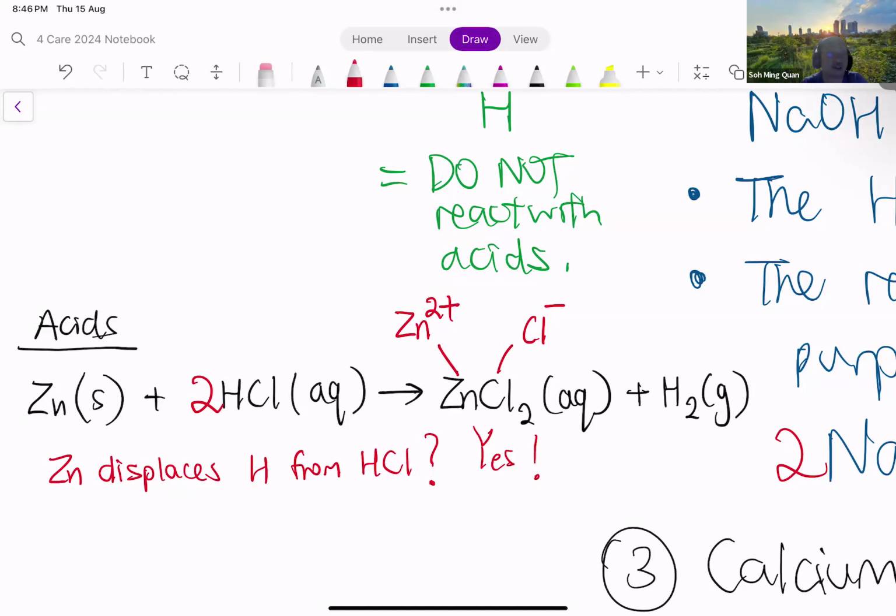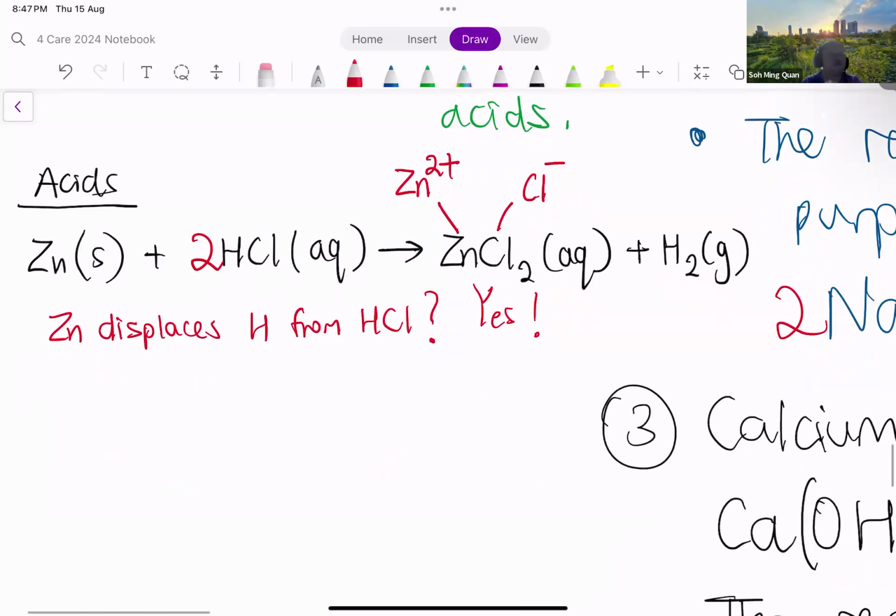Below means less reactive. That's why copper cannot displace hydrogen from HCl. And that's why copper is unreactive with acids. All right. So acid plus metal, one good way to remember which metals react is to look at where hydrogen is. If it's above hydrogen, then yes, it will react. If the metal is below hydrogen, it won't react.